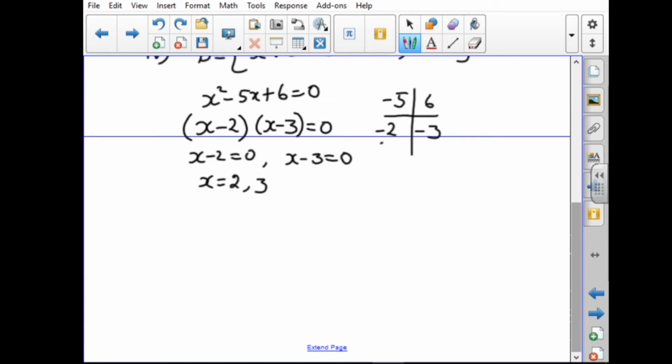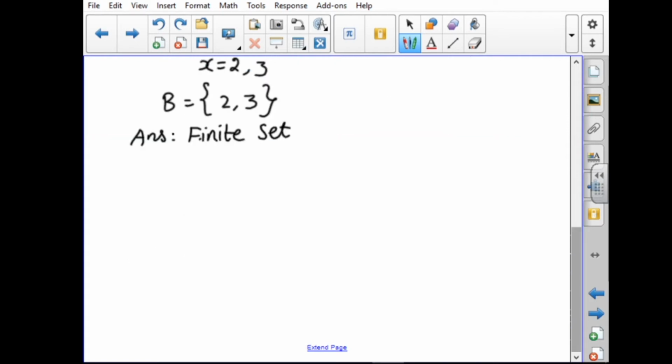These are natural numbers. So the B set is 2 and 3. Only two elements are there. That means it is a finite set. B set has only two elements. It is countable, so it is a finite set. Okay. Then question number 3.